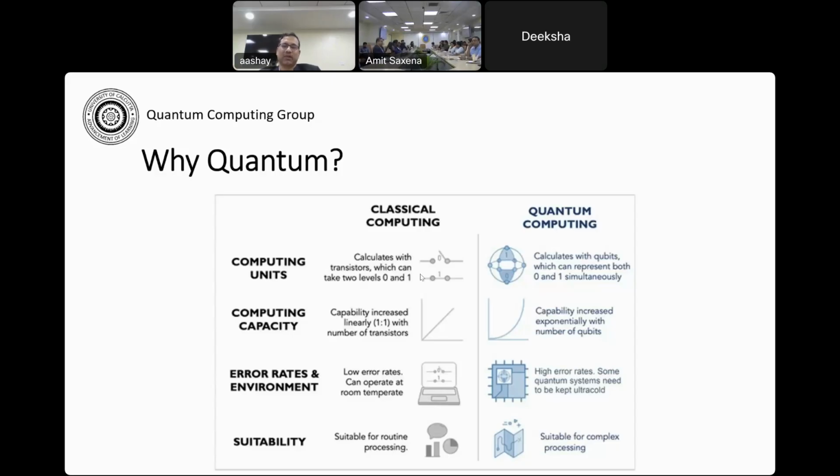And this phenomenon of superposition gets into the next point, which is the computing capacity. Okay, so if you look at a classical computer at present, suppose I have a 16-bit microprocessor and I need to make it a 32-bit microprocessor, what do I need to do? We have to extend the register by 16 bits.